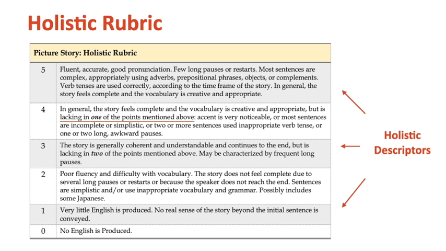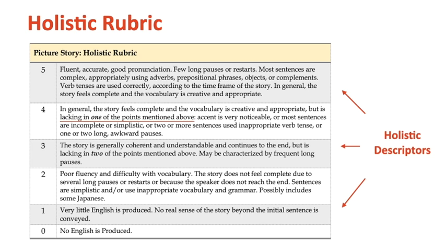Holistic rubrics may be simpler to use because only one score needs to be decided. No calculation is needed for the final total score. On the other hand, they are less helpful for giving students feedback, as it may not be clear which of the points was lacking in the performance. In my experience, holistic rubrics may also result in lower inter-rater reliability.